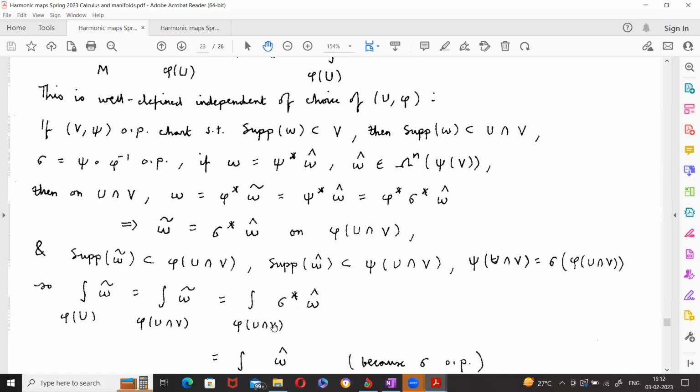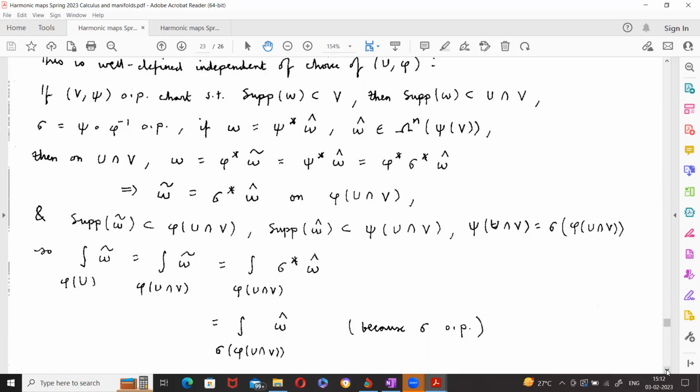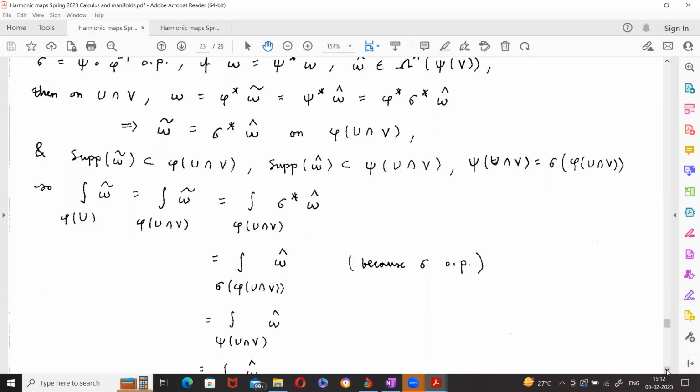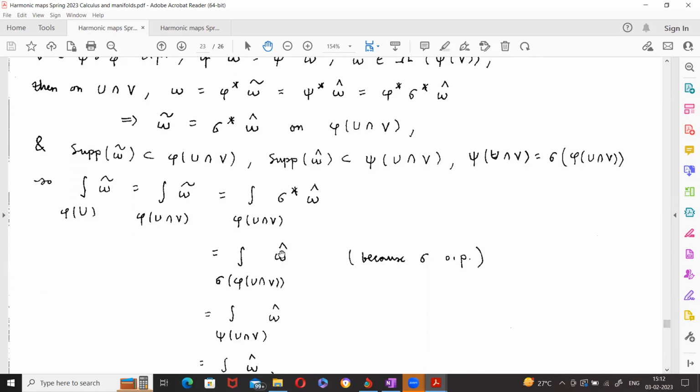So this integral over phi of u intersect v is going to be the same as the integral of omega hat over sigma of phi of u intersect v. In this step, we use the fact that sigma is orientation preserving, that these two integrals are the same.